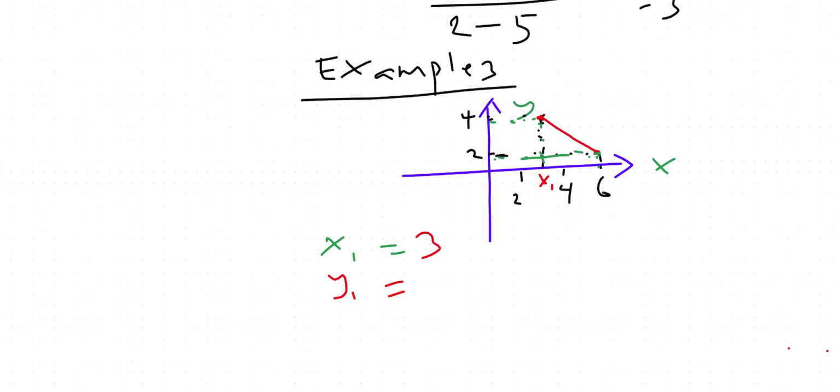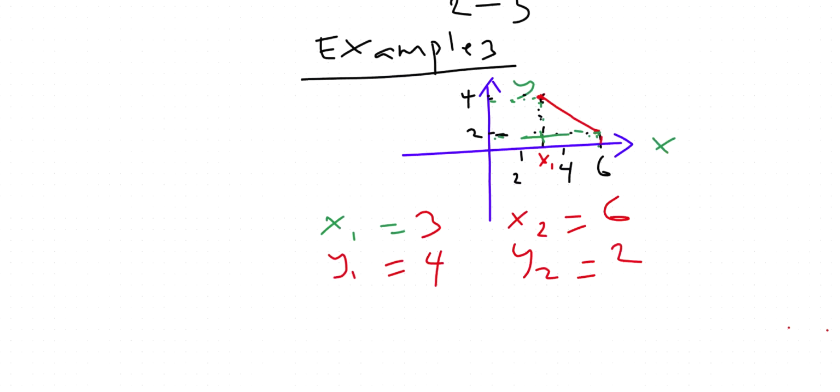So here I have it to be 4. And my x2 will be what I see here, which is 6. And my y2 will be what I see here, which is 2. Then to apply the formula will be easy for us.